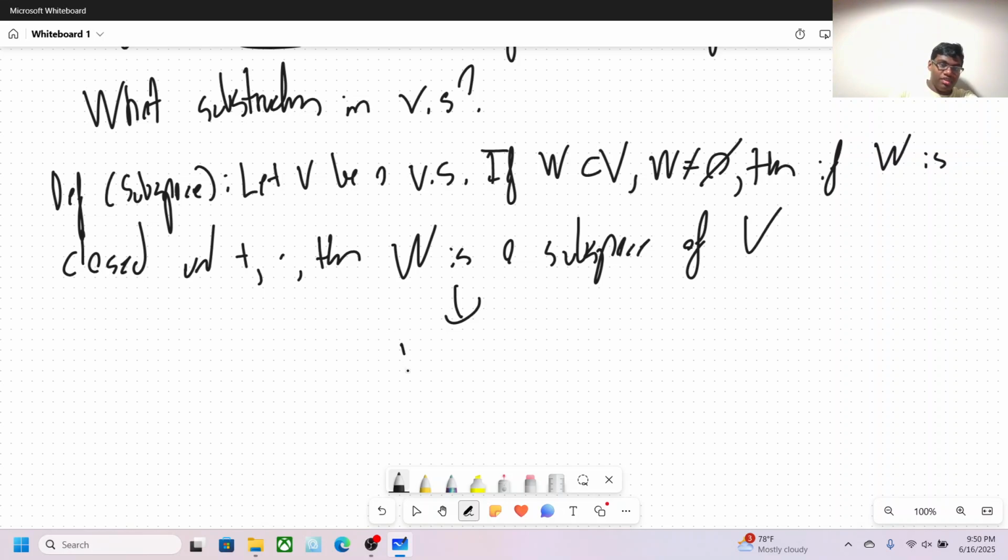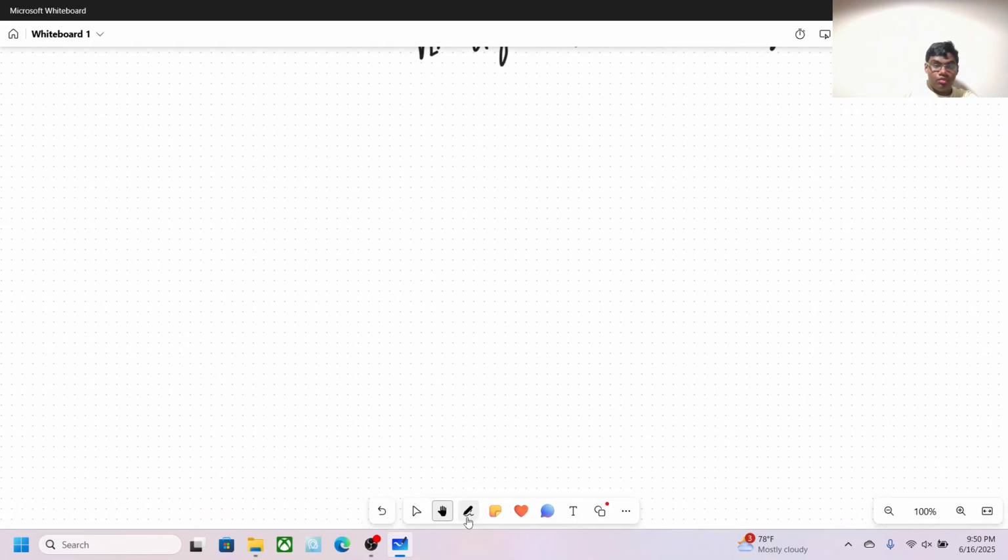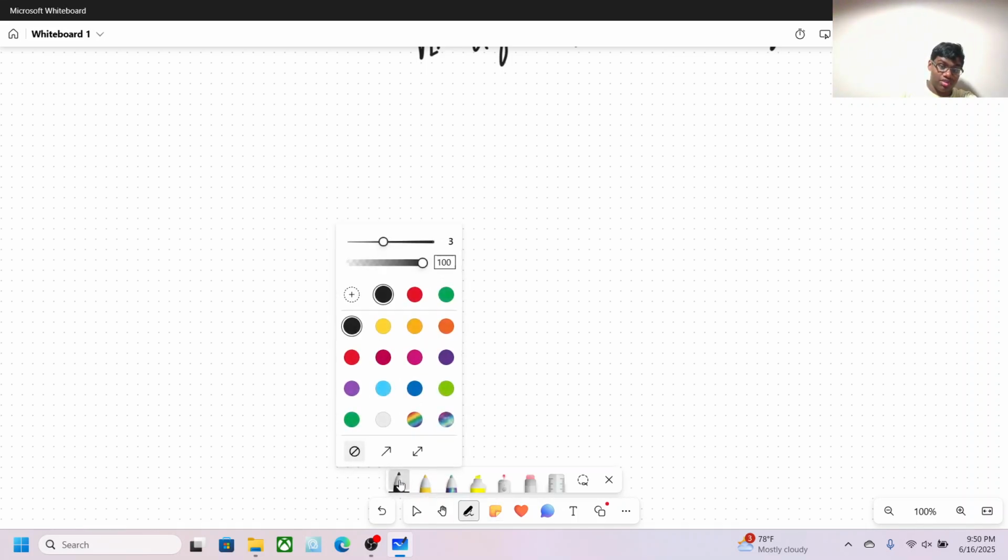So equivalently, what we're really saying is that this is equivalent to W being a vector space with the same operations as V. And there turns out to be a very important way to check this, because we need to check that both addition and scalar multiplication are closed.